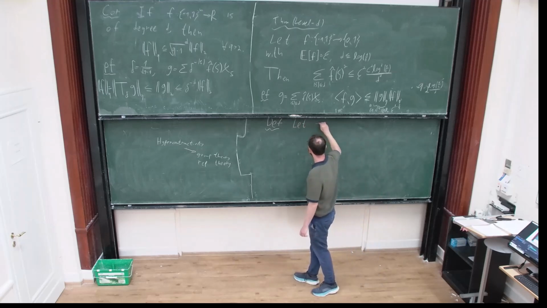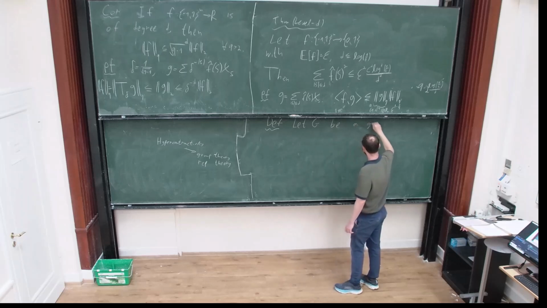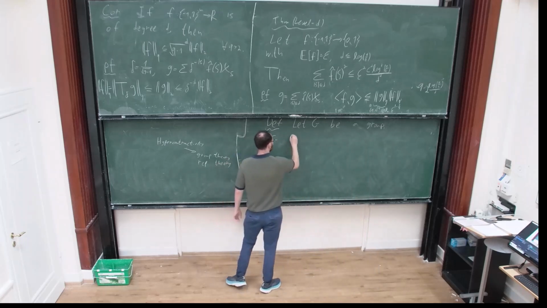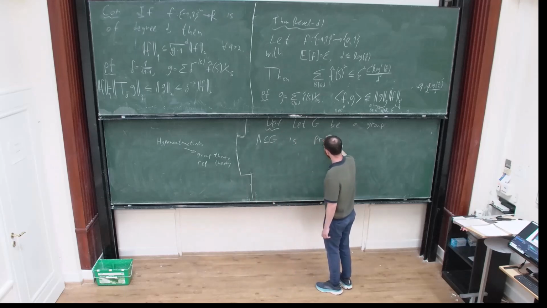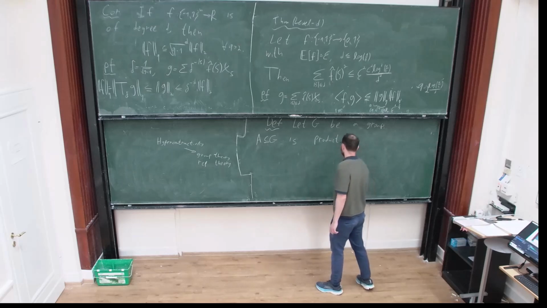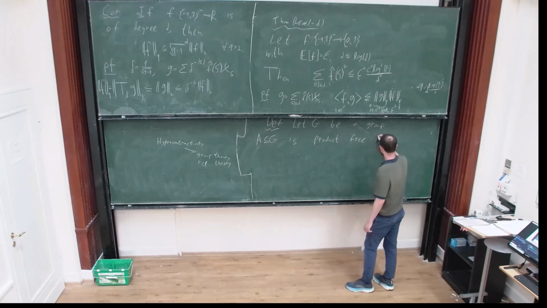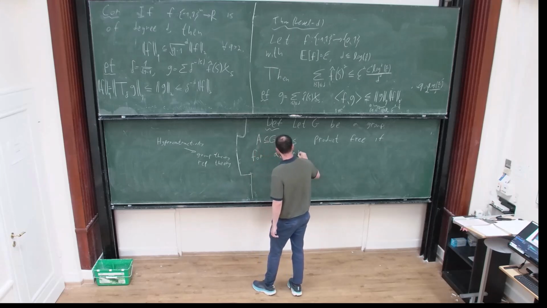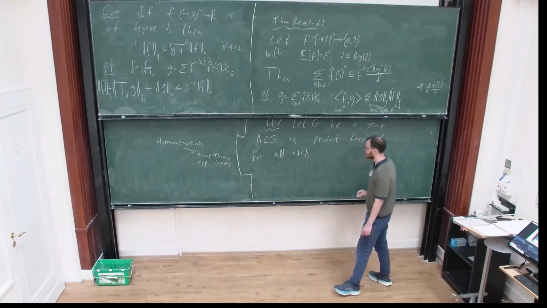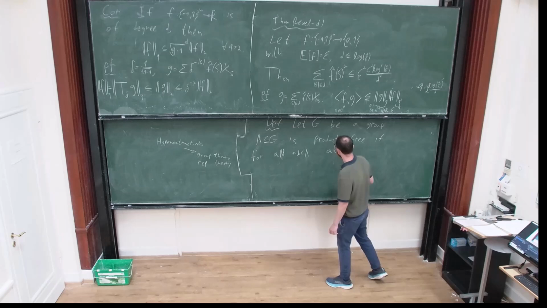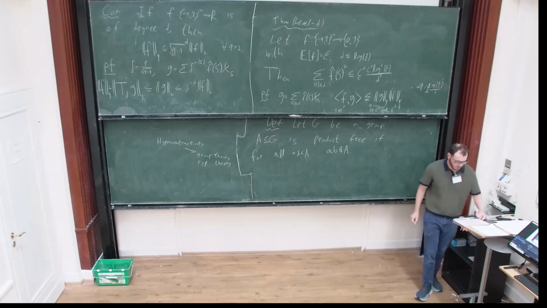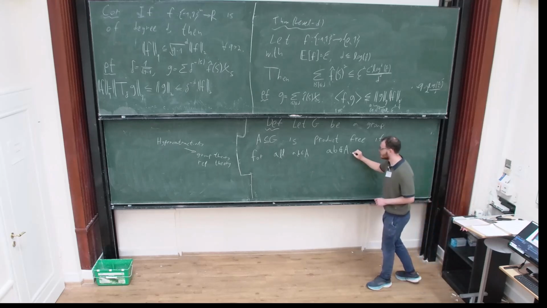So suppose that you have a group G. A subset A of G is said to be product free if for all a, b in A, the product ab is not in A. So this is sort of the opposite of being a subgroup.